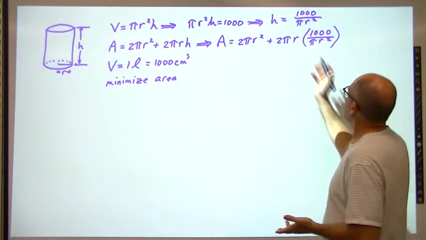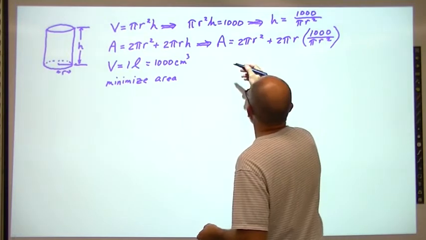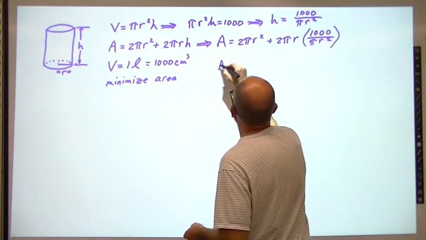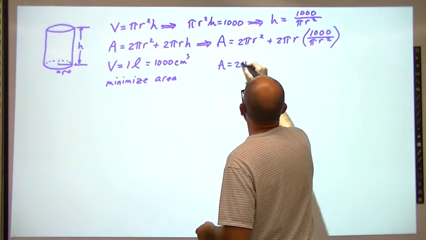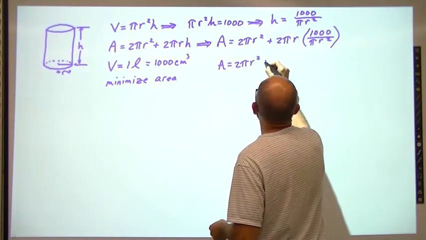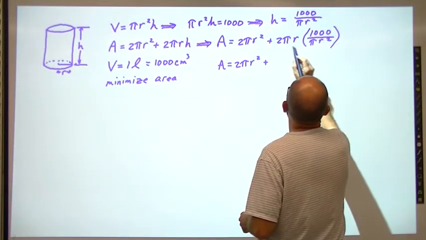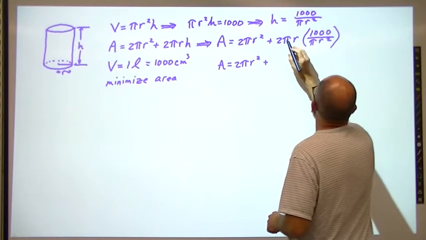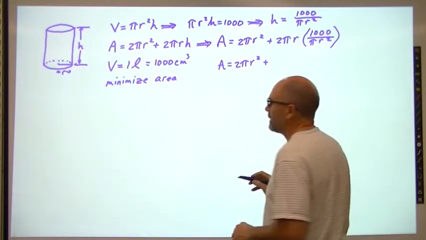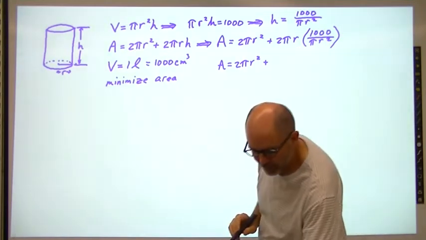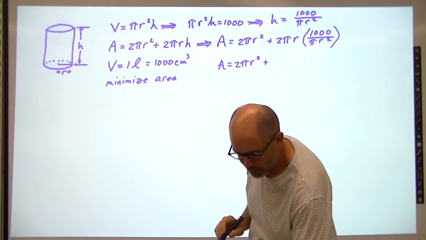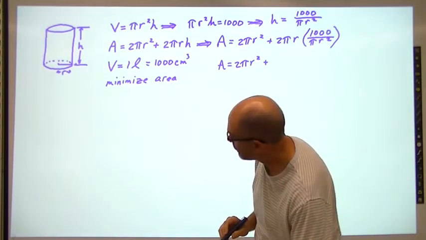Okay, let's clean this up a little bit. So we've got area equals 2 pi r squared plus, now something is going to happen here that I hardly ever like to do in a restaurant, and that is cancel the pi.